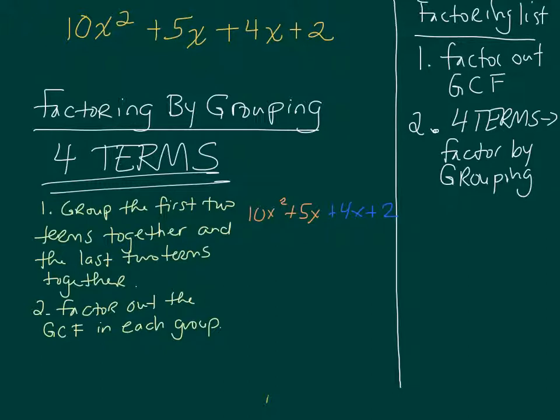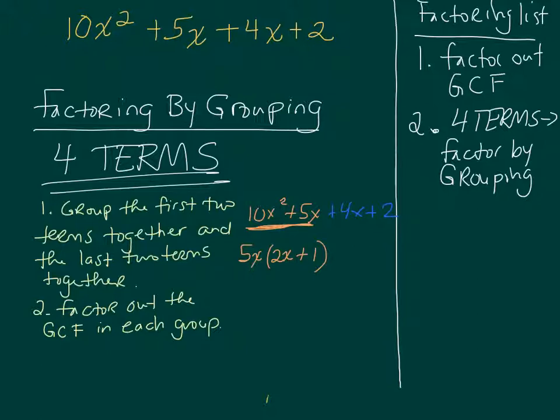Okay, so if I'm looking at the first group, 10x squared plus 5x, 10 and 5 have the common factor of 5, and x is the smallest variable, so I can take an x out. So this is going to be 5x times 10 divided by 5 is 2, and I had two x's, I took one out, so I'm left with 1, plus 5x divided by 5x is just 1.